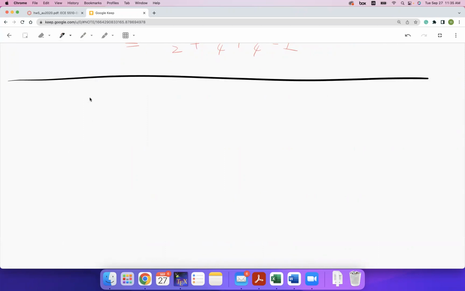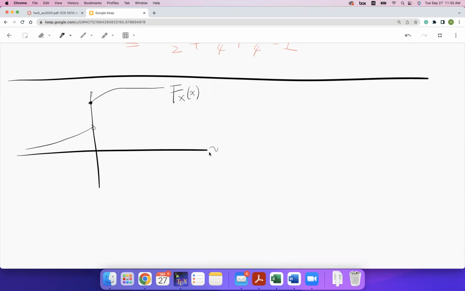As another example, suppose this is a CDF. Right.